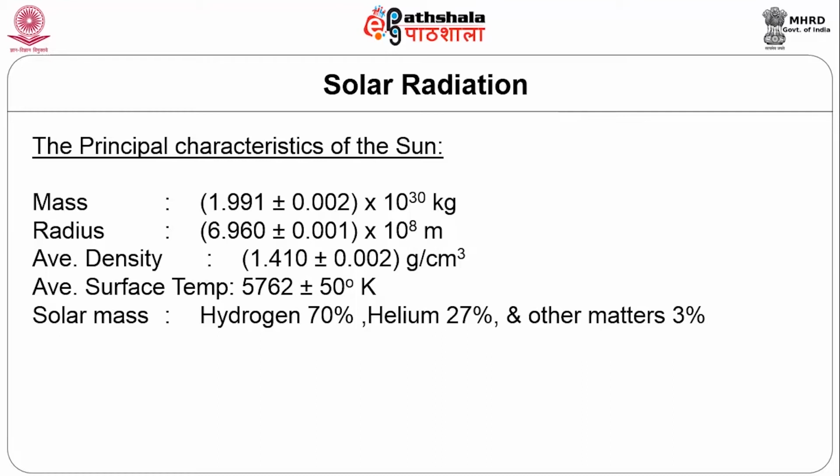The average surface temperature is about 5762 degree Kelvin. The solar mass is a combination of hydrogen, about 70%, helium 27%, and other matter 3%. And this is the spec of the sun.